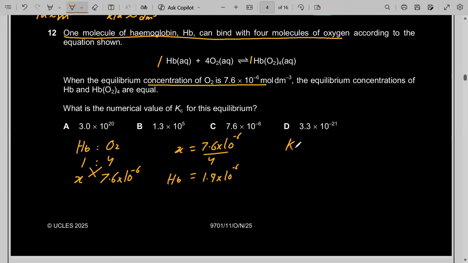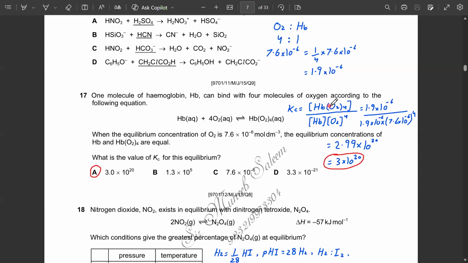So just put that expression, Kc is equal to the concentration of the Hb compound divided by Hb and O2, just like done here. But we remember there are 4 molecules of O2, so the power will become 4. And we already calculated the value of Hb, that will also be the value for the Hb compound.